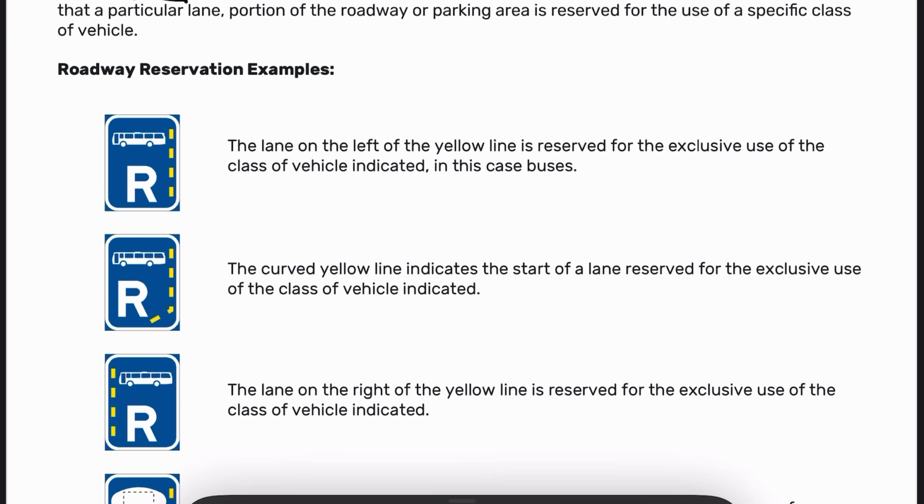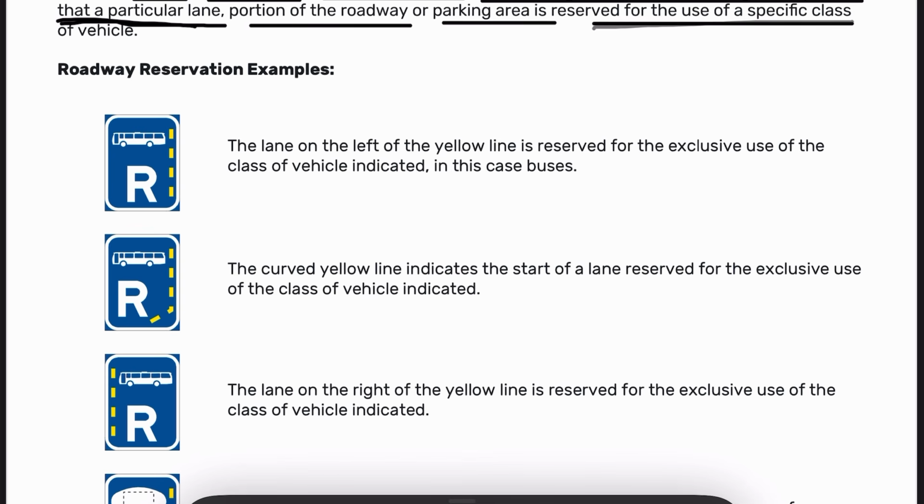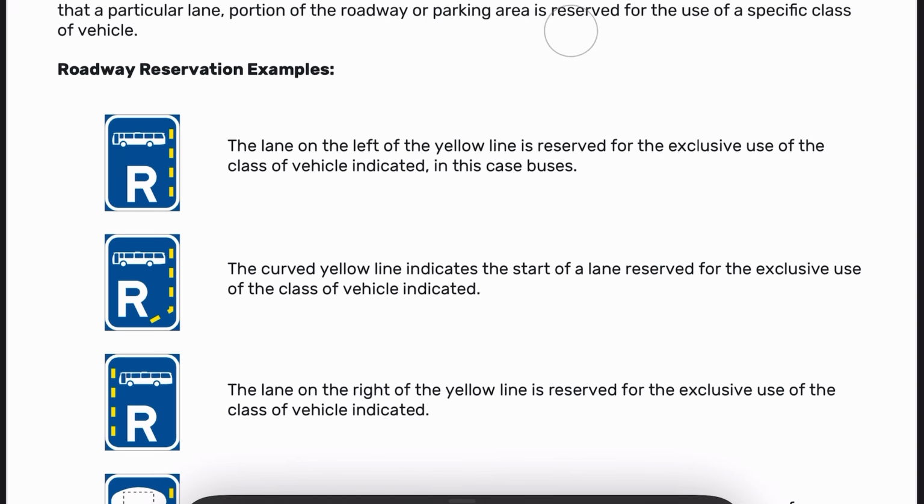They are reserving lanes, they are reserving roadways, they are reserving parking areas, and these rectangular blue and white signs tell you that a particular lane, portion of a roadway or parking area is reserved for the use of a specific class of vehicles. Okay, so they are reserving lanes, roadways, and parking.